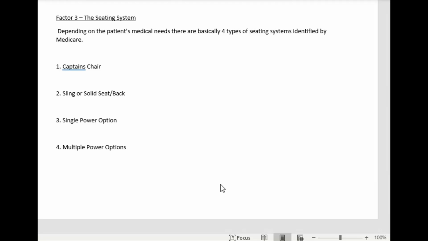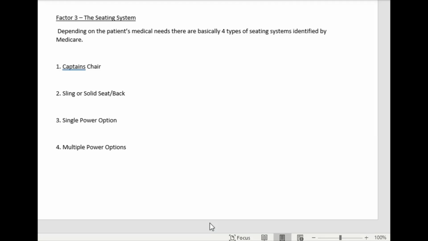If you look at the videos, you'll see what tilt means and what recline means, but just to try to demonstrate, tilt means that the patient's seated posture will not change, but the entire seat pan will tilt backwards all the way up to 45 degrees, and that will change the patient's center of gravity, but will not change the patient's seated posture. Their hip to back ratio will not change, their knee will not change.